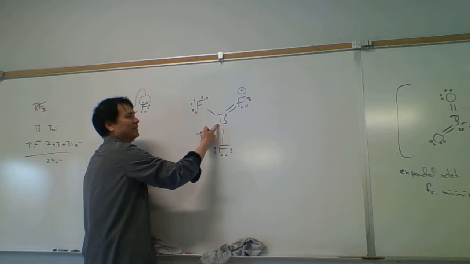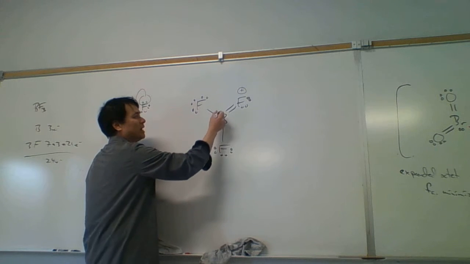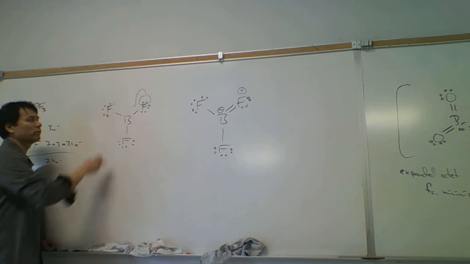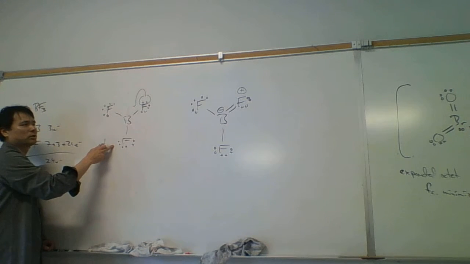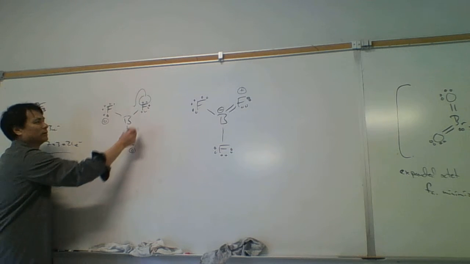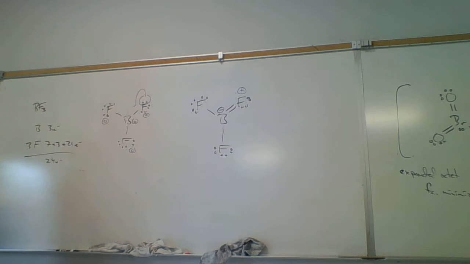And this boron? Minus. What were the formal charges in this structure? This is 0, this is 0, this fluorine is 0, and this boron is 0. All the formal charges are 0.